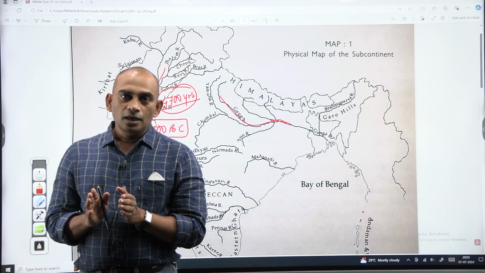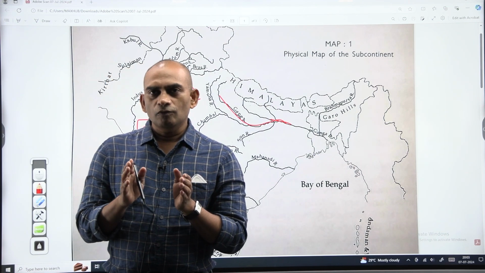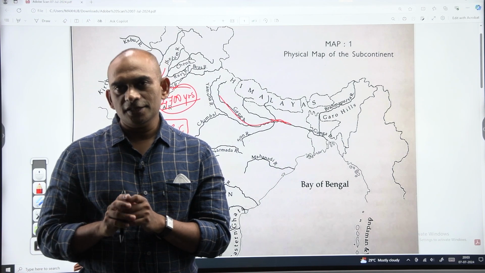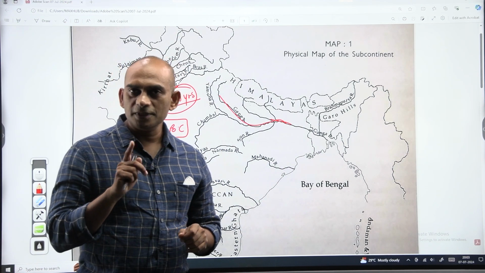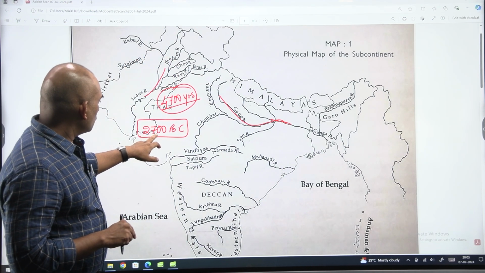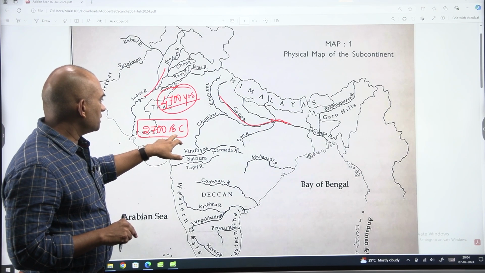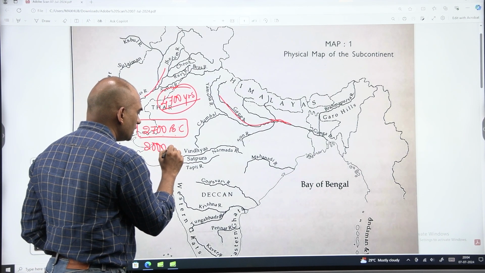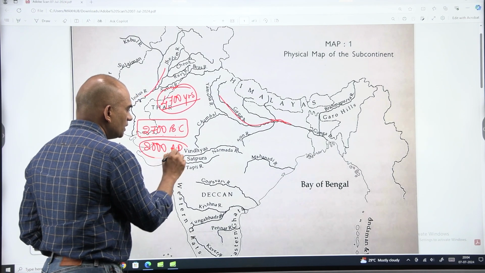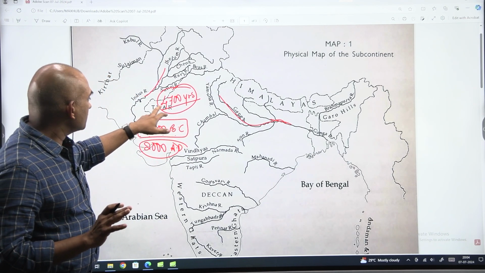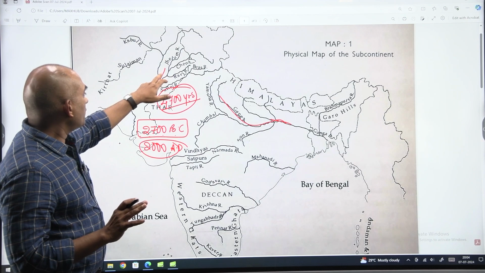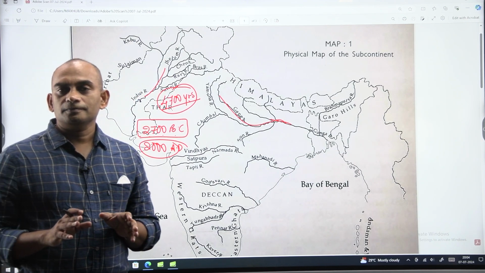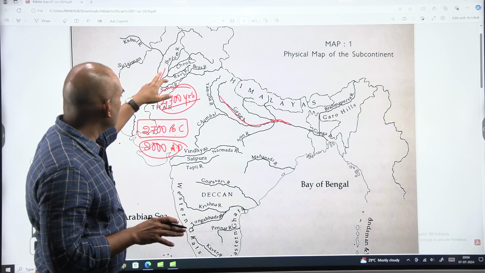Technically, that is archaeologically, we call it Harappan civilization. So 2700 BC, and now we have to add 2000 AD. So that means 4,700 years ago, first urbanization occurred in this Indus Valley region.